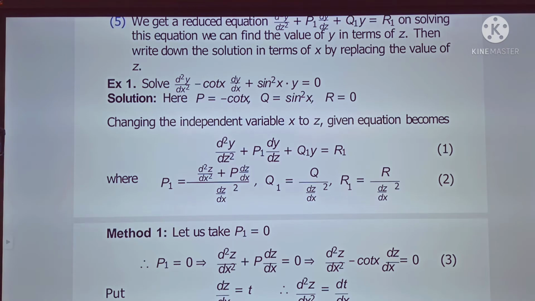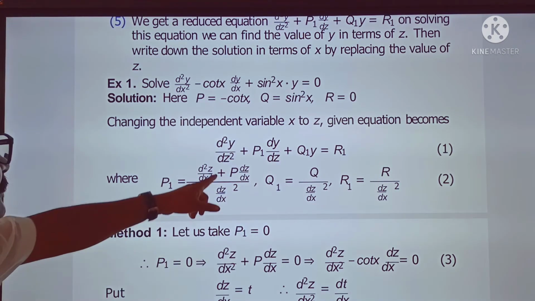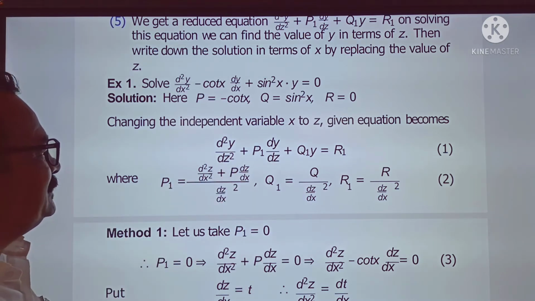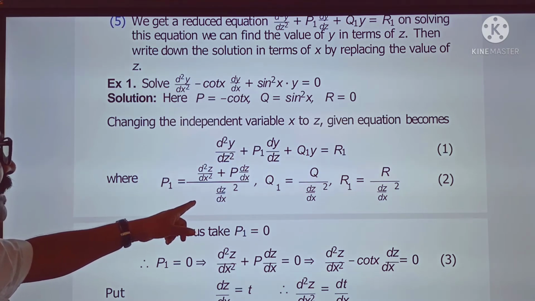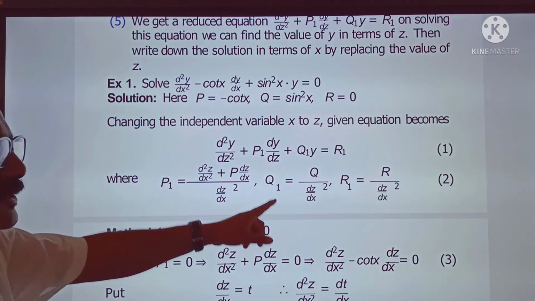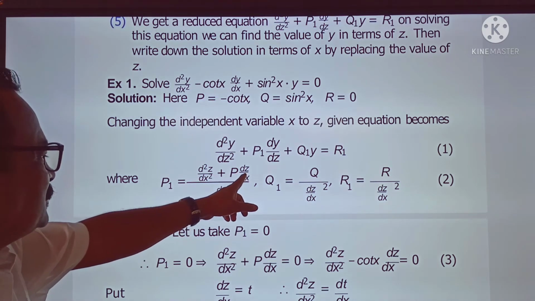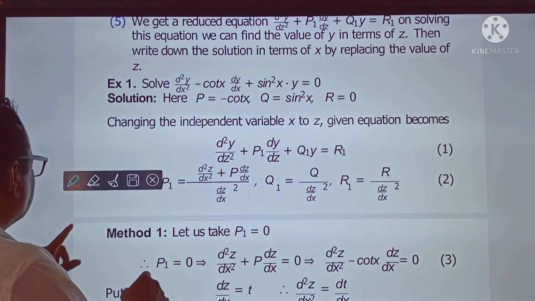Okay, by changing independent variable x to z, your equation becomes d2y by dz square plus p1 dy by dz plus q1 y is r1. It is important to remember p1, q1 and r1. p1 is d2z by dx square plus p into dz by dx divided by dz by dx bracket square.